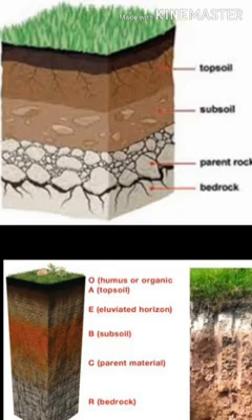Roots of very big trees may reach up to B horizon. The third layer is the C horizon, which is made up of small lumps of rocks with cracks and crevices. Below this layer is the bedrock, the rock which is unbroken. And bedrock is very hard and very difficult to dig with the help of a spade.